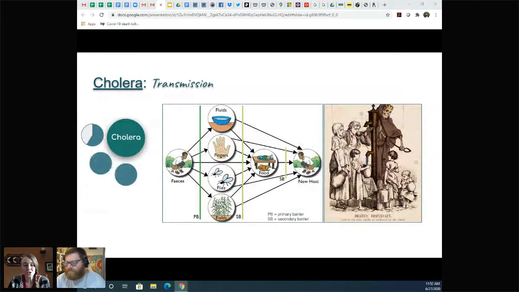So cholera is also an incredibly infectious disease. Its R0 value is 2.72, so for nearly 3 people for every 1 person sick.